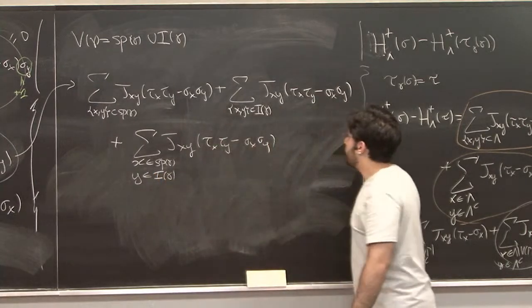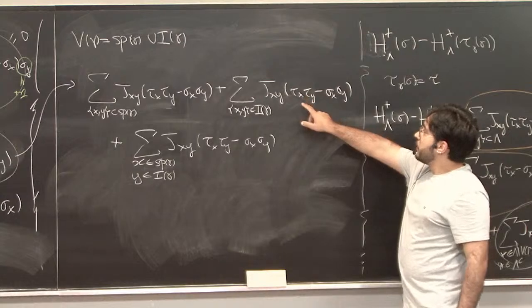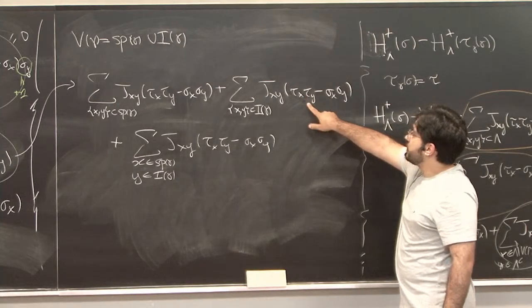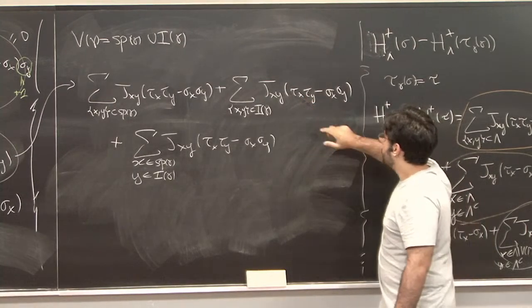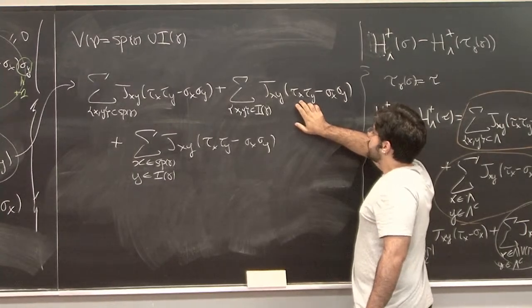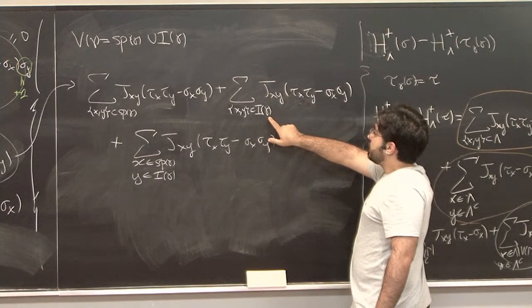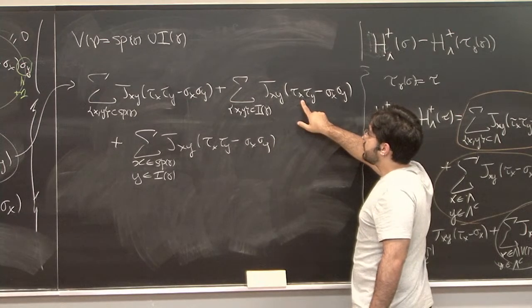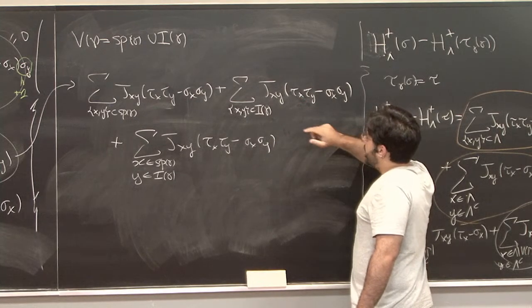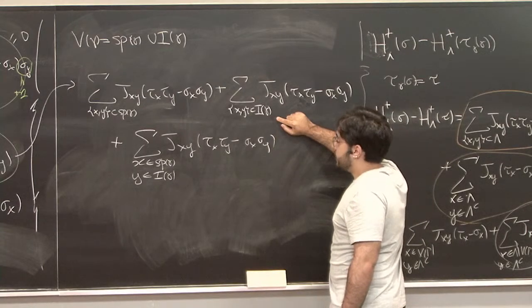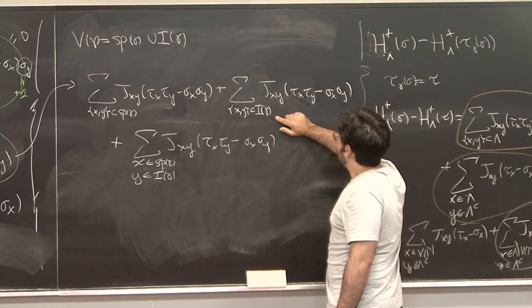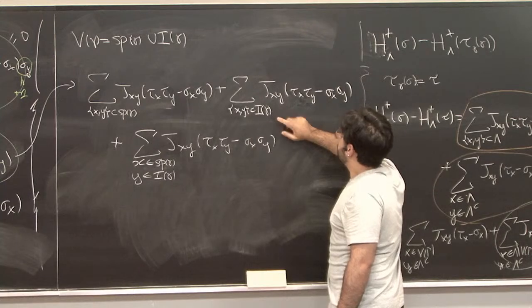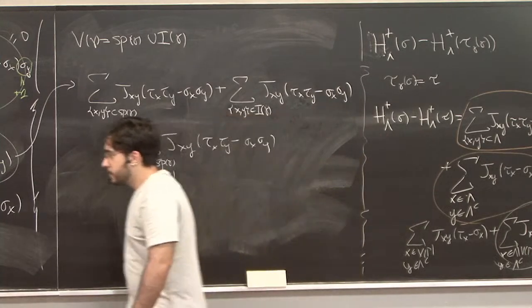The interior of gamma. But remember, what this map does is the following. When x is inside the plus interior, this will give you just sigma x, and when x is inside the minus interior, then this will be minus sigma x.